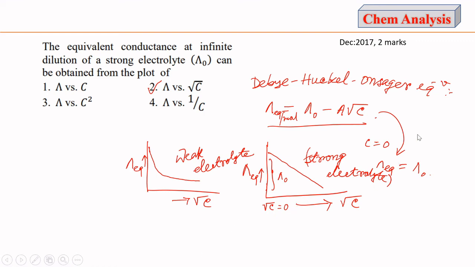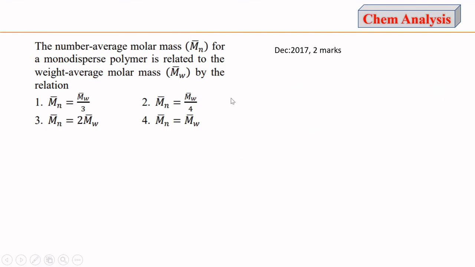So next see another question, and this is from polymer chemistry. We have to identify the relation between number average molar mass and weight average molar mass for a monodisperse polymer. Polydispersity index is related with the weight average molecular mass and number average molecular mass like this.